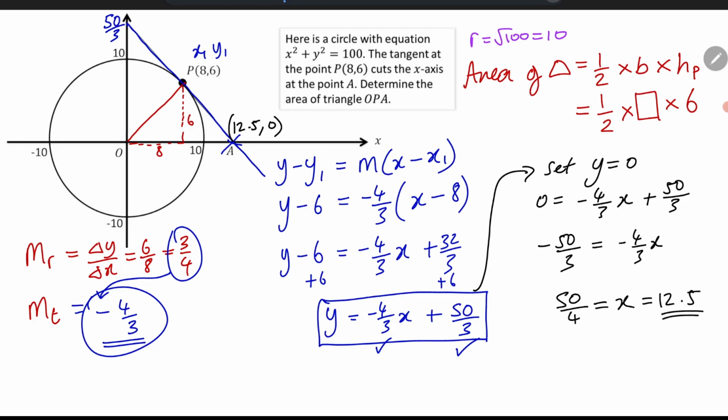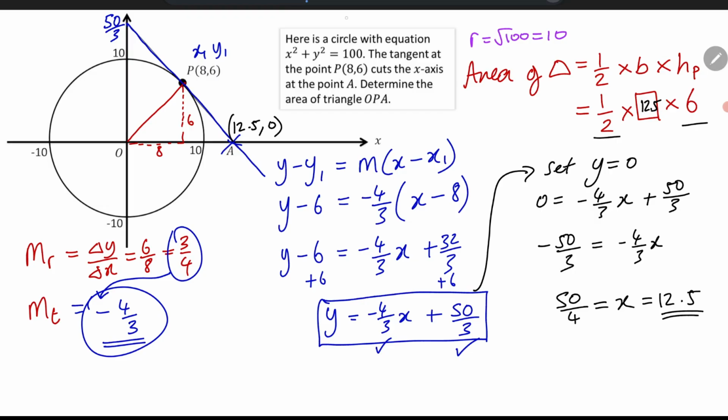Now we have that coordinate, so we can put this back into the formula for the area of a triangle. We're going to replace this with 12.5, and then you can just half times 6, which is 3, and then 3 times 12.5 is going to give you your answer, which is 37.5.